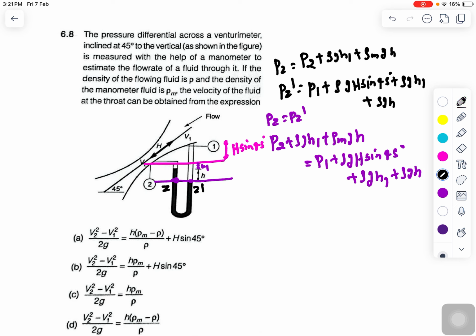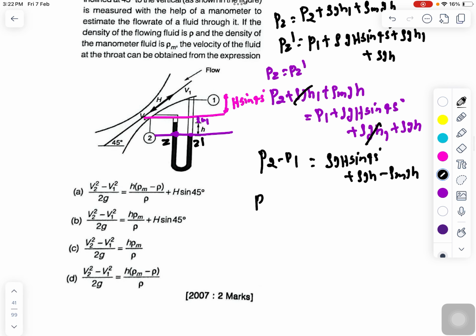So rho z h1 and rho z h1 will get cancelled out, and I can say that P2 minus P1 can be written as obviously rho z h sine 45 degree plus rho z h minus rho m z h. So P2 minus P1 can be written as rho z h sine 45 degree plus, if I take common gh, I can write rho minus rho m.